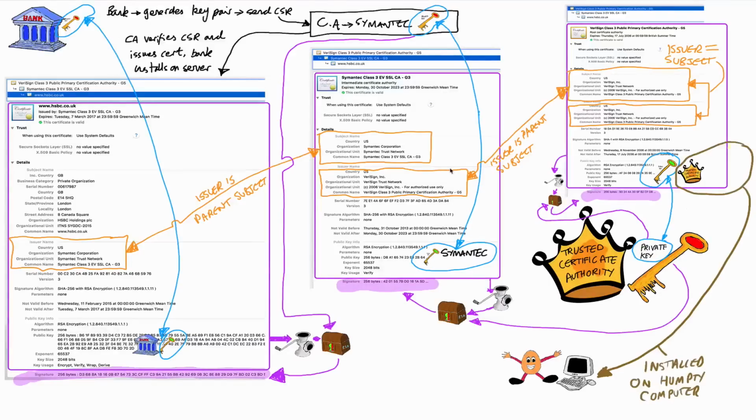So what we've done here is say, okay, Symantec had to have their certificate signed by VeriSign, and VeriSign are right at the top there in terms of the trust tree, to the extent that we basically all trust them.